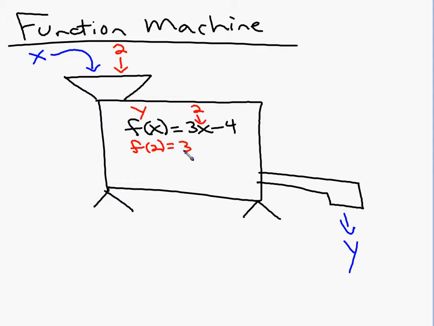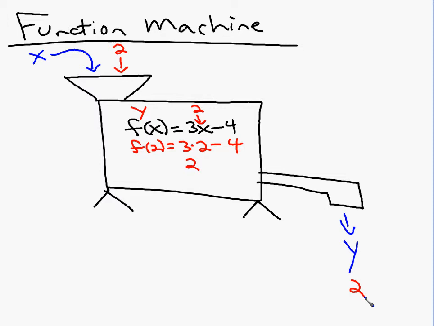So it's going to multiply that 2 by 3, and then it's going to subtract 4. So 6 minus 4 is 2. So in this case, it happens to spit out a 2. Okay, maybe that's a bad number to plug in because it looks like it spits out the same number, but that's not always the case.